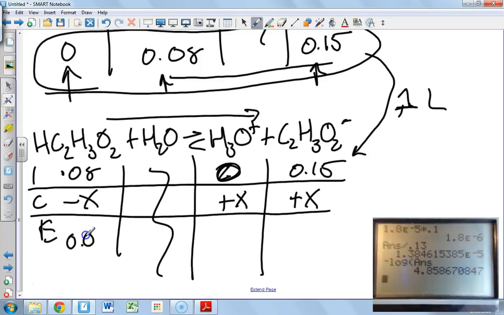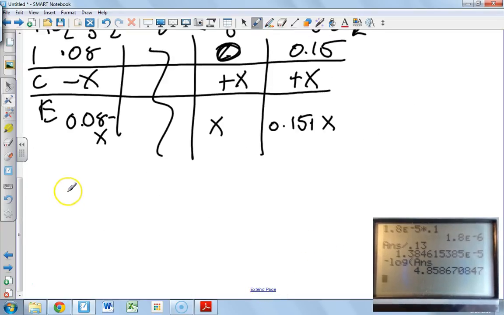So it's 0.08 minus x. This is x, and this is 0.15 plus x. Now we do a Ka problem.